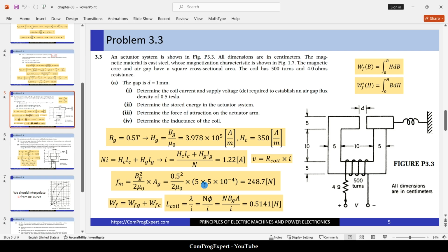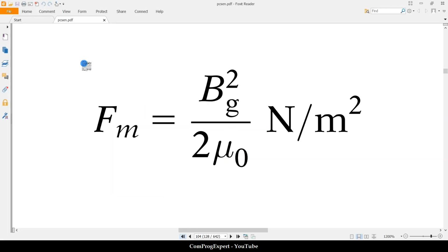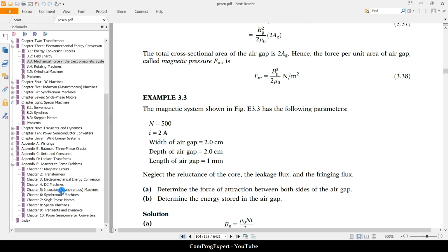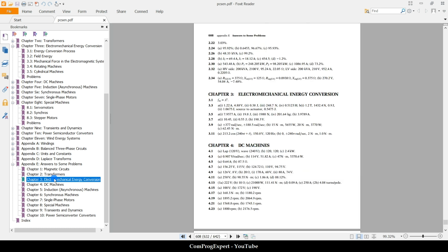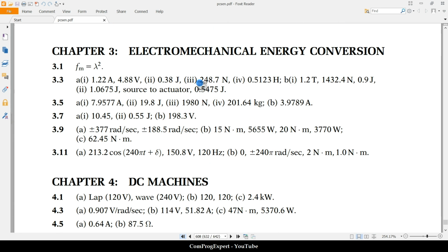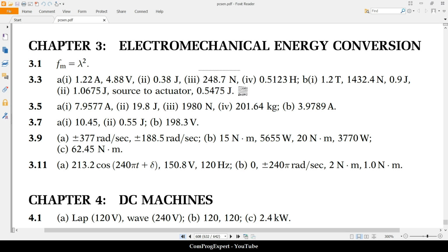The value of the force is 248.7 Newton. Here, let's check the numbers from the solution part of the reference. This is the value of the force that is here. Again, consider that we neglected the reluctance of the iron part.